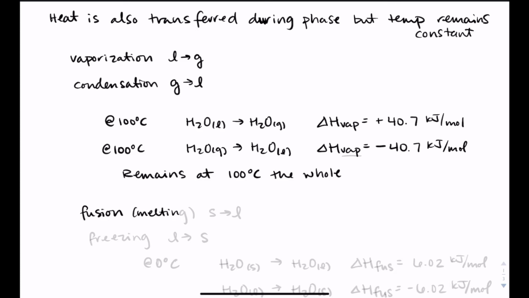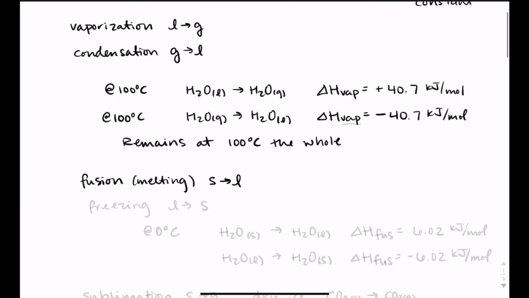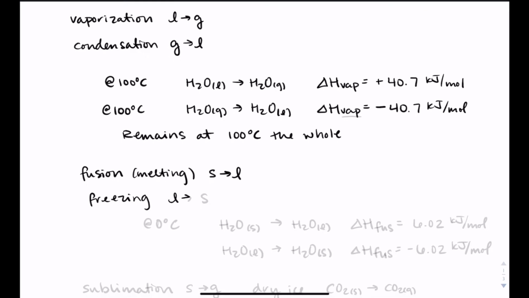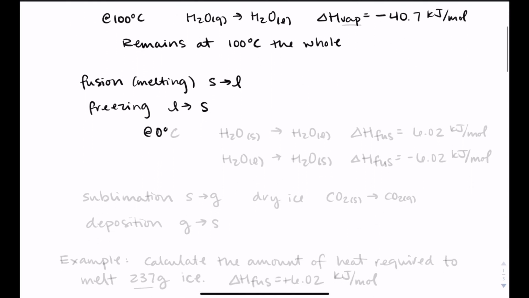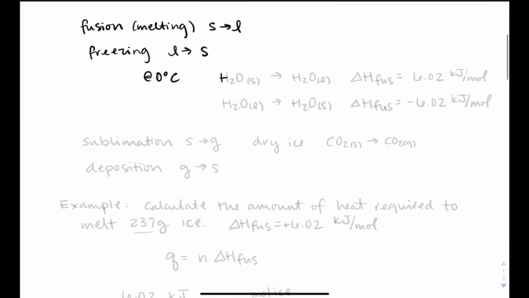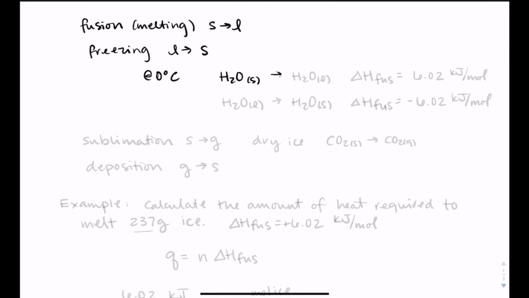Right, so we've mentioned the other phase changes. We call it fusion when we mean melting. So that's a solid to a liquid, because the opposite of that is freezing, going from a liquid to a solid.